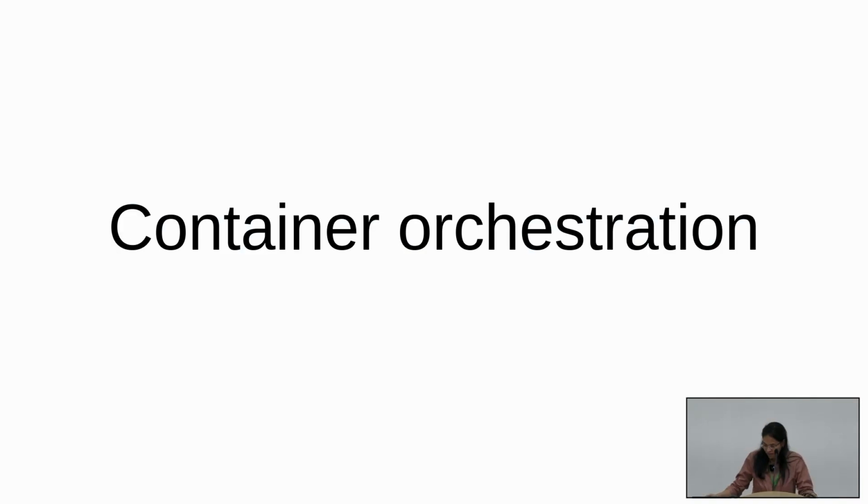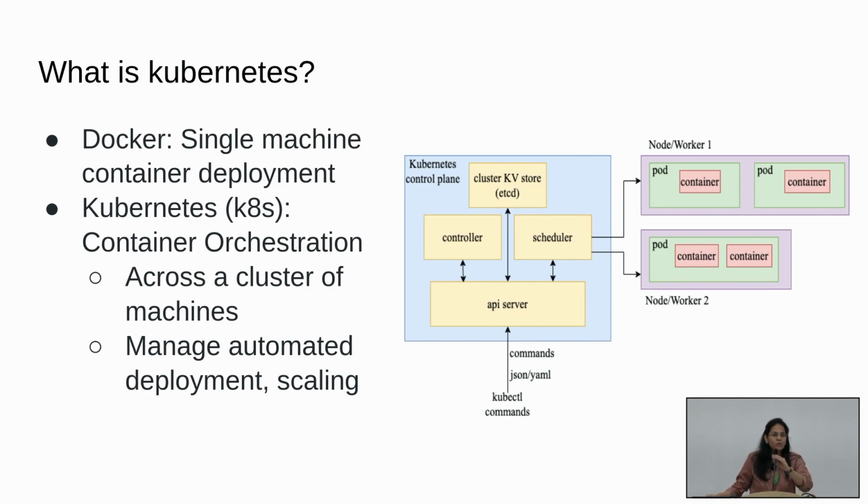So, as we spoke throughout the day, Docker is used for running your containers on a single node, a single machine. But when you want to run your application at cloud scale, a single machine tool won't work.